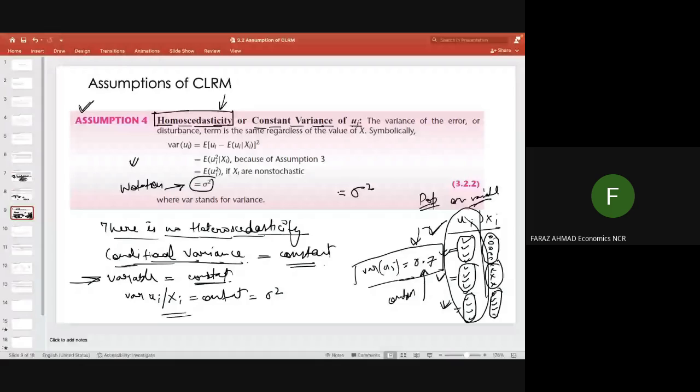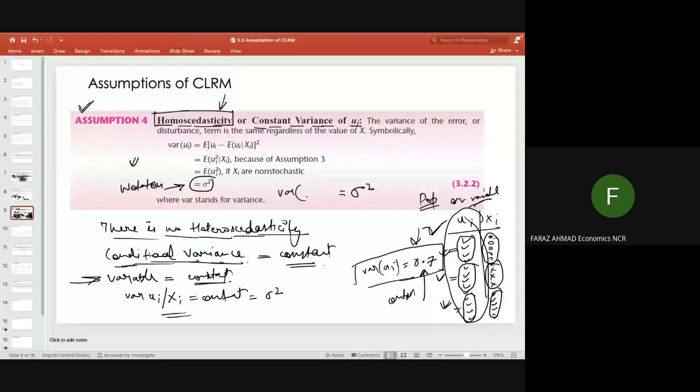Whenever you see a sigma squared, you will think of it as the constant conditional variance of the errors. So you will think of it as variance Ui given X.